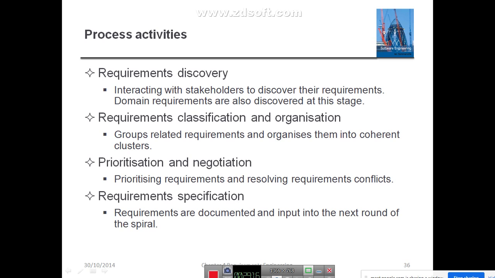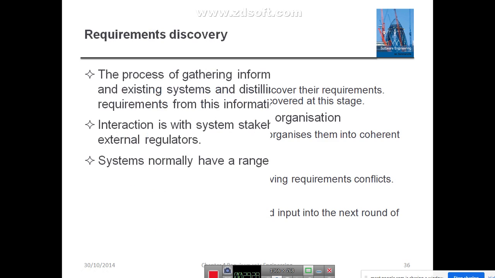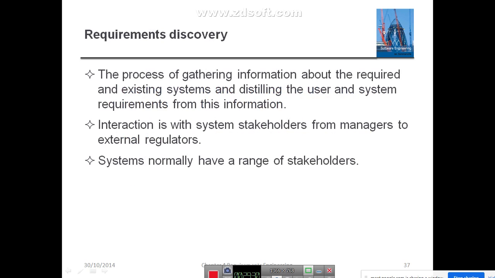Now in detail we are studying once again the requirement discovery. Clear? Are you getting the thing? Please respond, guys. Okay. Next we will see the requirement discovery once again. As already told, what is requirement discovery? It is the process of gathering information about the required and existing systems and distilling the user and system requirements from this information.